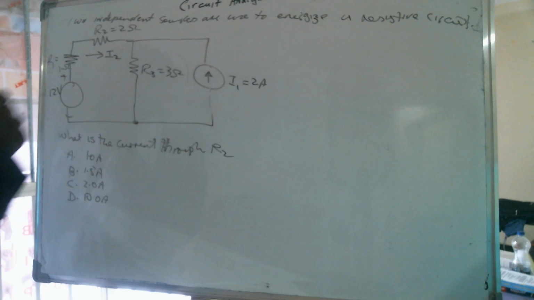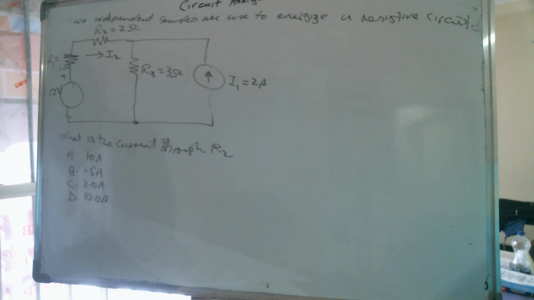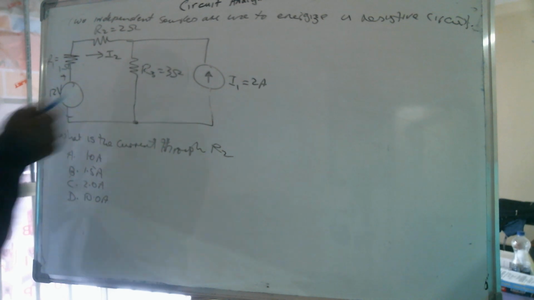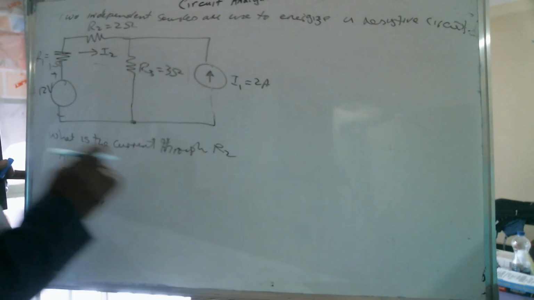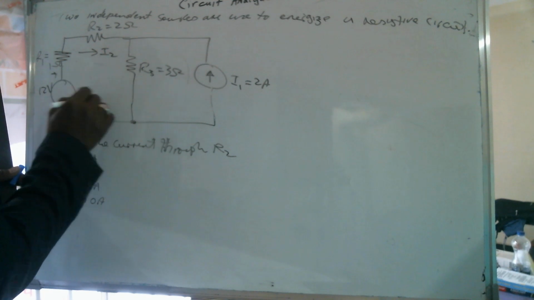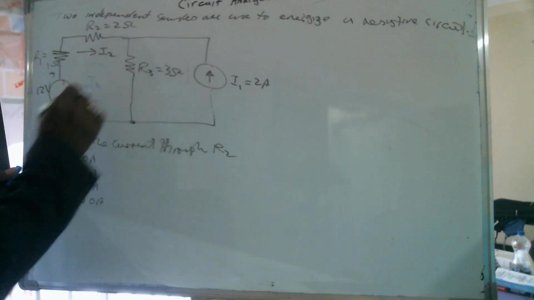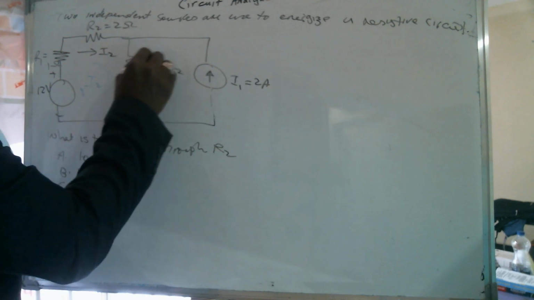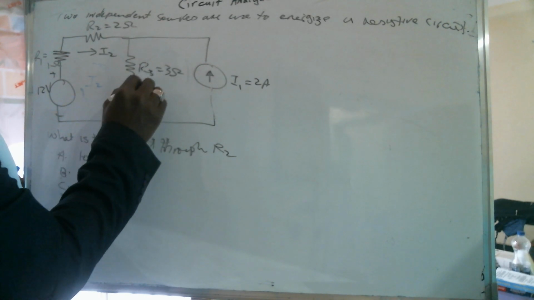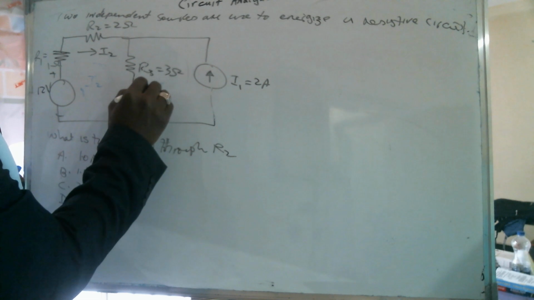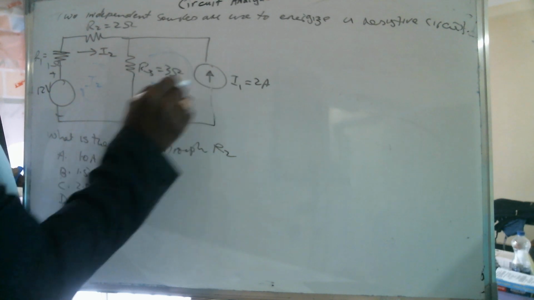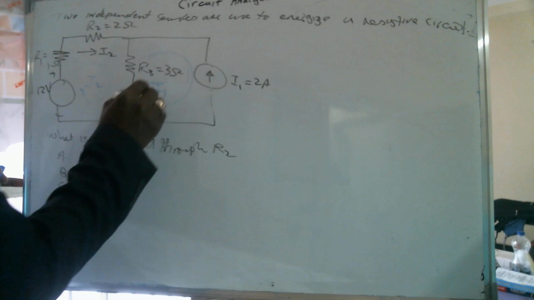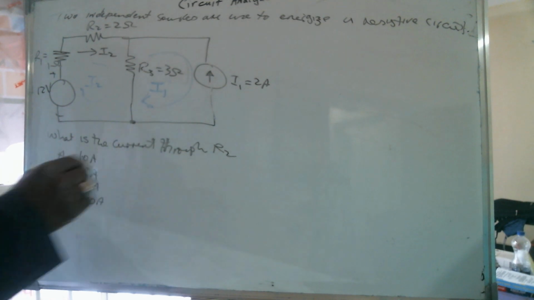Let's take this as a loop and use these two loop currents. If you're taking loops for this circuit, this is loop 1, which contains I2, and this is loop 2, which contains I1. But this is clockwise and this is opposite to the flow of current, so I1 prime is going to be negative.